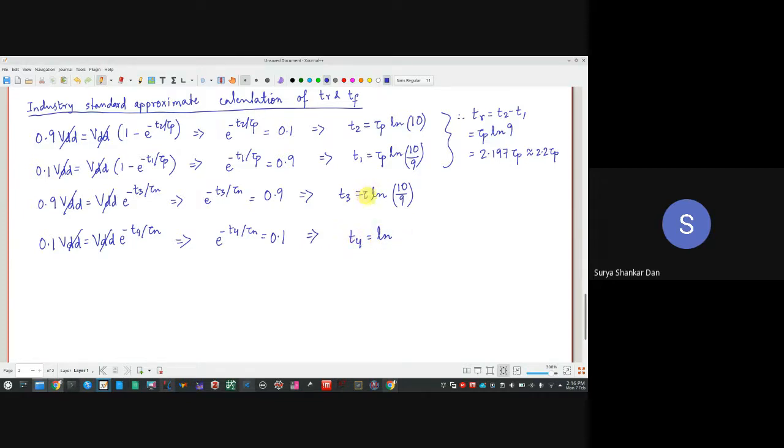I'm sorry, this is tau n. Tf is equal to, again, T4 minus T3.